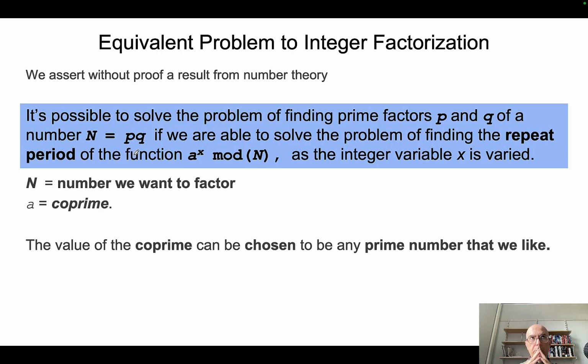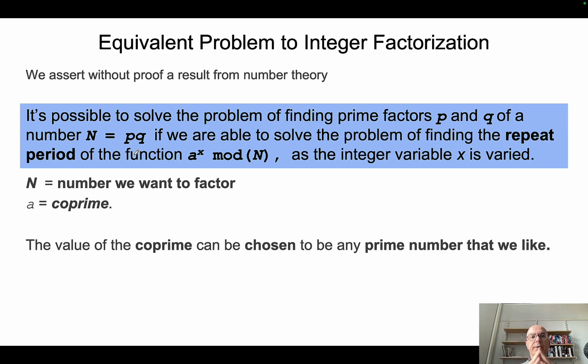The most important concept when we think about Shor's algorithm is that instead of attacking directly the problem of factorizing a large number n into its prime factors, we actually solve an equivalent problem. We can state, without proof, results from number theory on which Shor's algorithm is based.